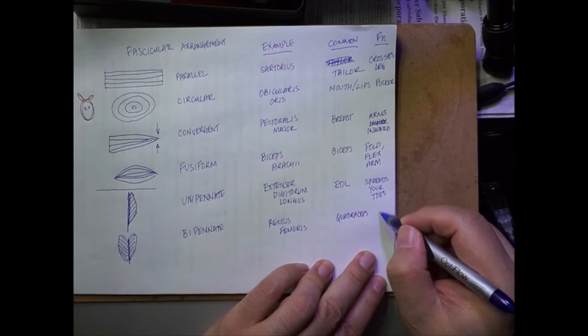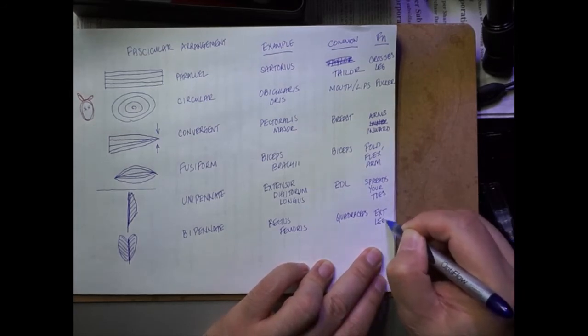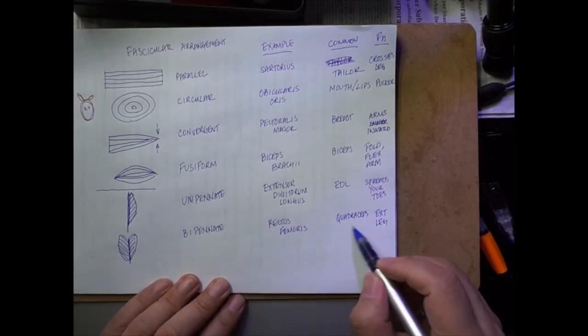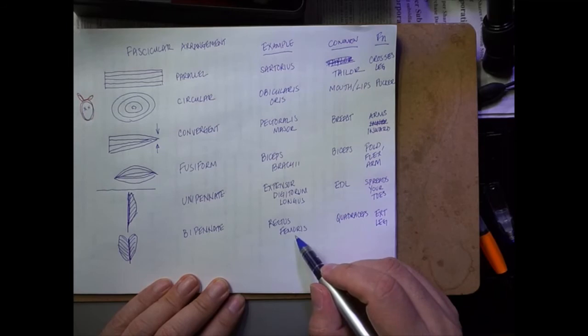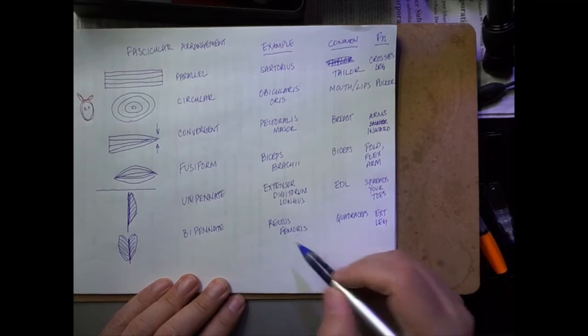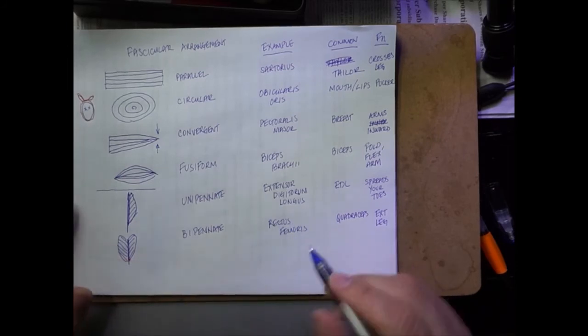What does it do? This one extends your leg. So the rectus femoris is one of the four muscles of your upper thigh, and it's the one that is straight, that goes straight down the bone called the femur.